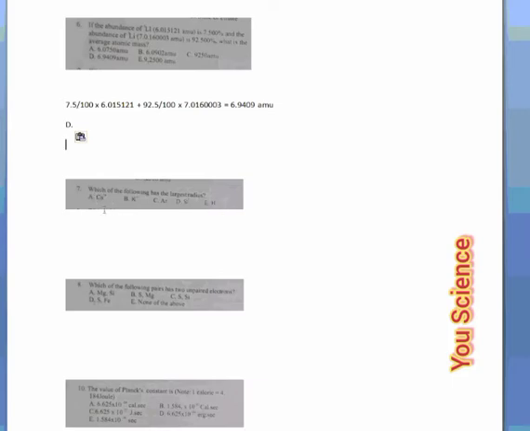Now the ionic radius increases down a group and decreases across a period. So as you move from left to right across your period, the ionic radius decreases because you are going to have more nuclear charges than the negative charges. So in this case, potassium is going to have the largest radius. So the correct option is option B.